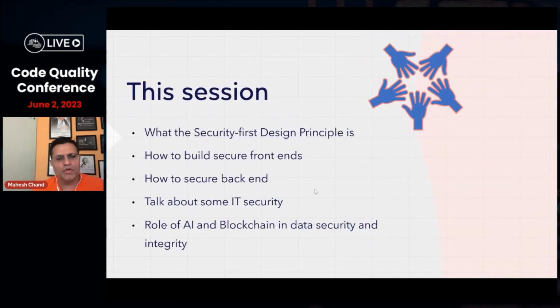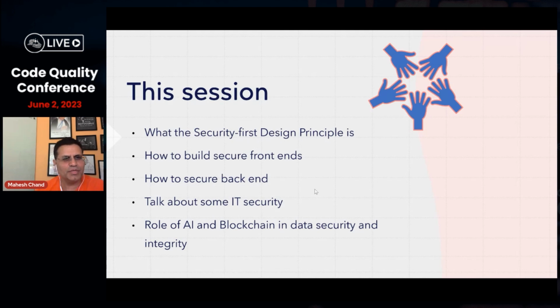So what are we going to learn in this session and who is this for? This session is for software architects, software developers, anybody who wants to learn how to build secure software. We will also talk a little bit about what the security first design principle is. What does that mean?